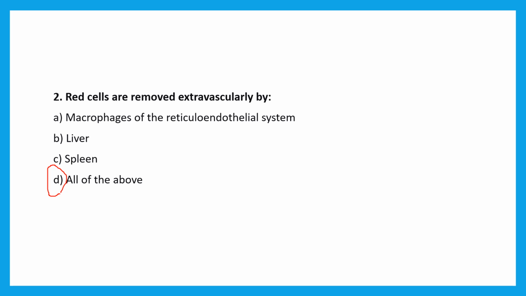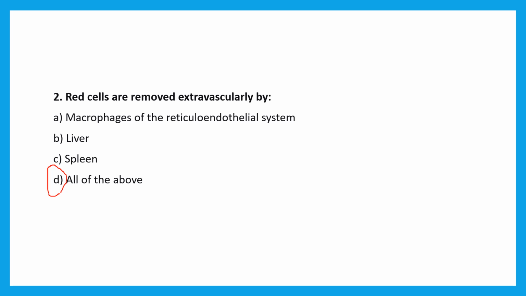That's why the term extravascularly is very important to understand. These macrophages are located throughout the reticuloendothelial system, with the spleen and the liver being the primary organs responsible for this process. So D is the correct answer, because A, B, and C are all involved in removing red blood cells extravascularly.